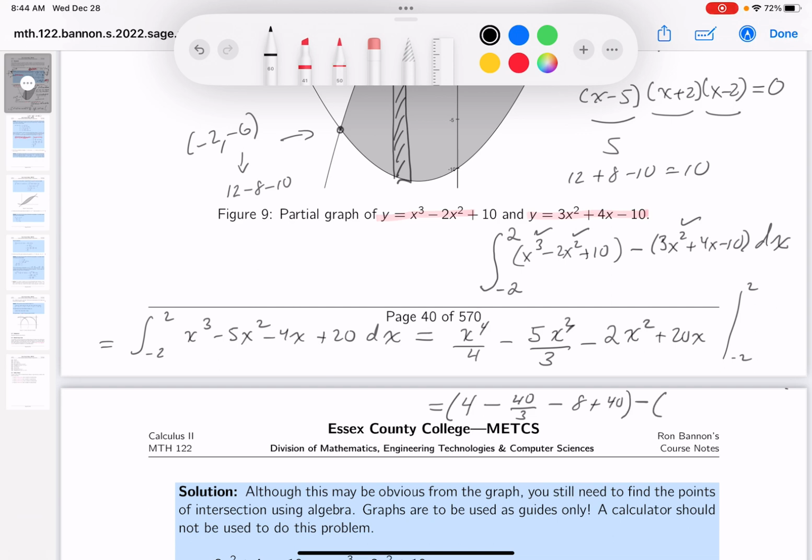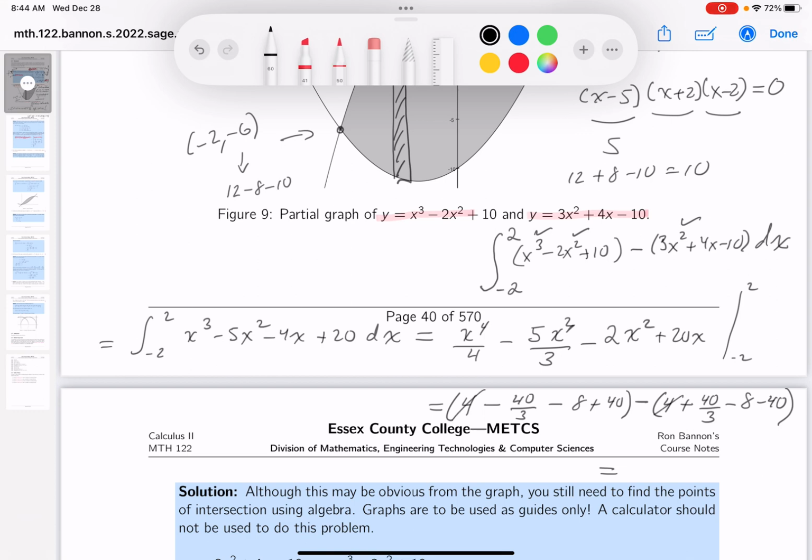Let's do the lower limit. Not so bad to do. I'm going to get 4. I'm going to get plus 40 thirds. I'm going to get minus 8, and then minus 40. I got to do the arithmetic. And what do I notice? 4 minus 4 is nothing.